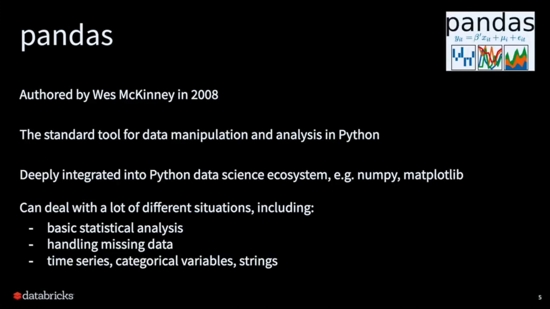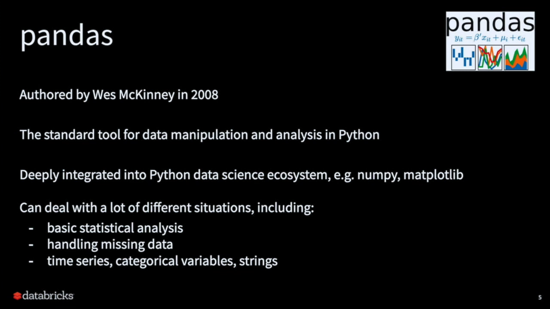So I don't need to tell you that Pandas is very popular in the Python world. It is pretty much as old as Spark. It was authored by Wes McKinney in 2008. And nowadays, it is really the standard for doing data science and data manipulation in Python. And I think one of the reasons for its very large success is because it integrates all the standard tools from the Python ecosystem.